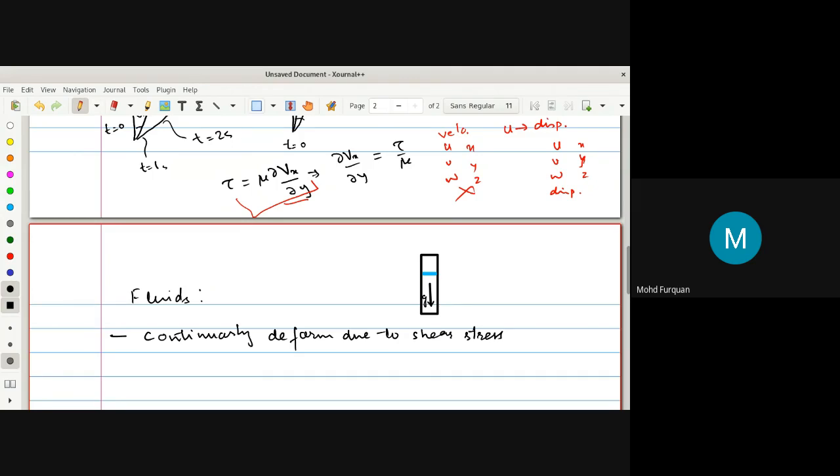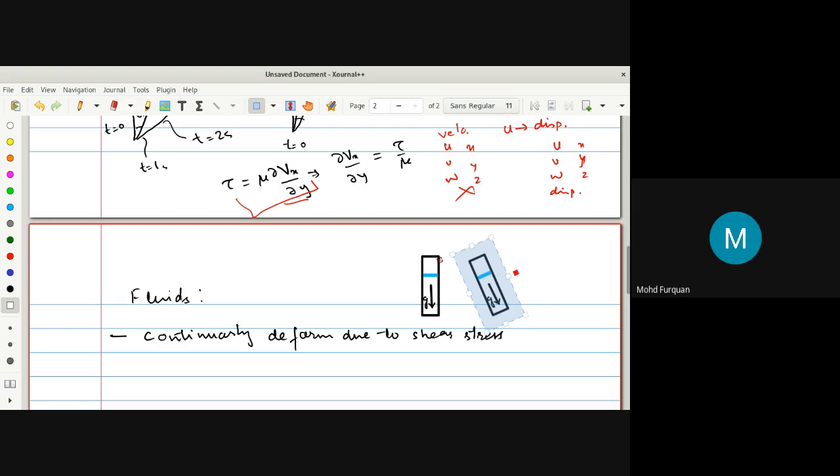Now suppose I tilt this, and now the direction of gravity will not be perpendicular to this.